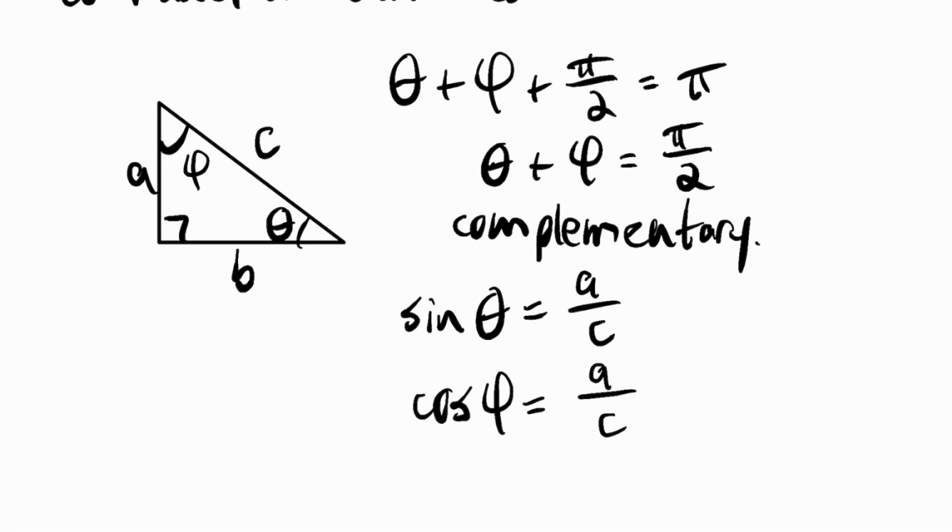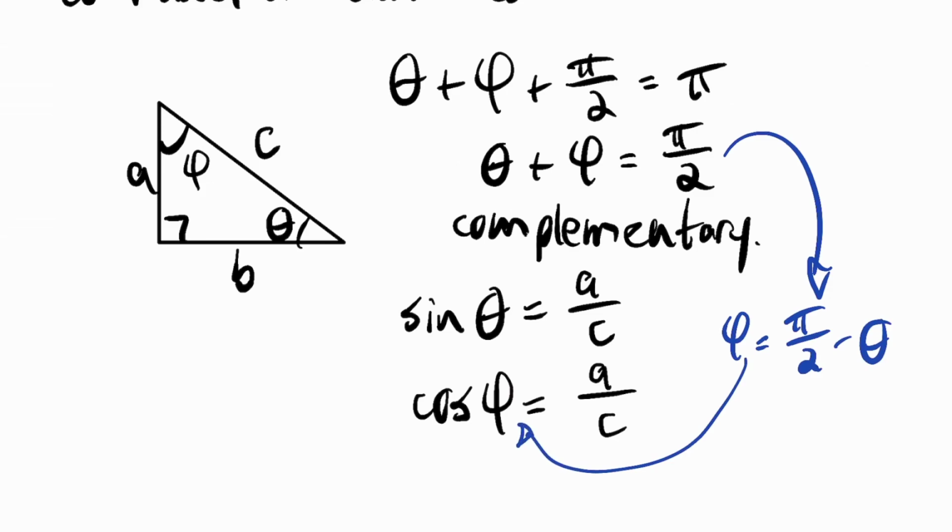But remember, phi plus theta equals pi over 2. So if I take this equation and subtract theta on both sides, I'll get that phi equals pi over 2 minus theta. And I can substitute that in.